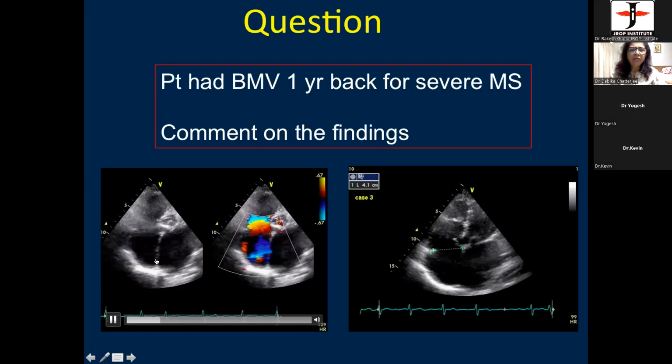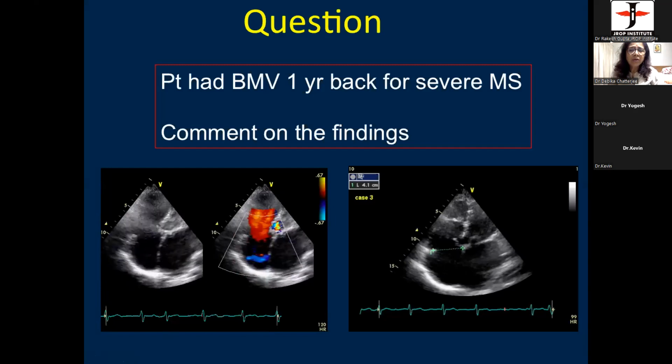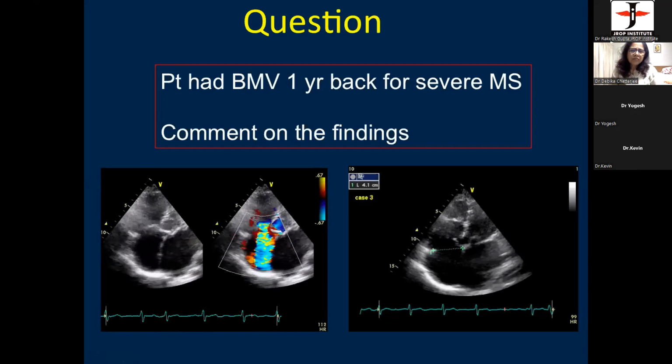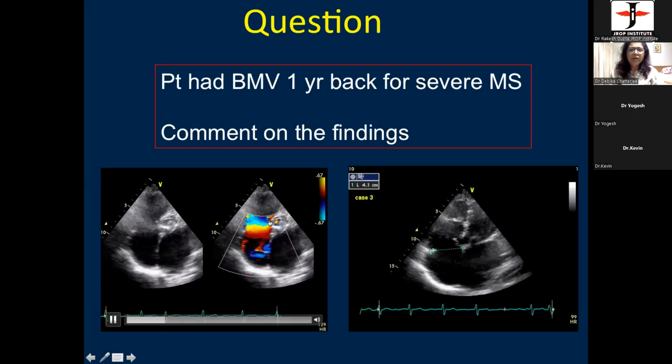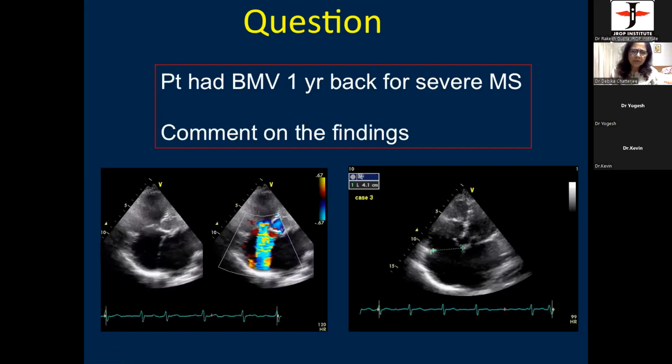So now you change. There is TR, ma'am. How much is TR? Ma'am, it's severe TR. When you say severe, what should be the vena contracta?